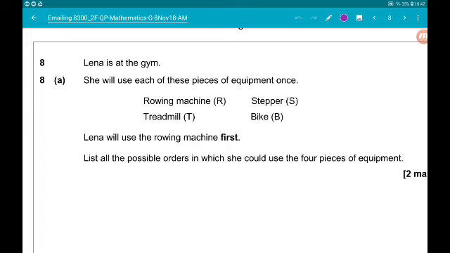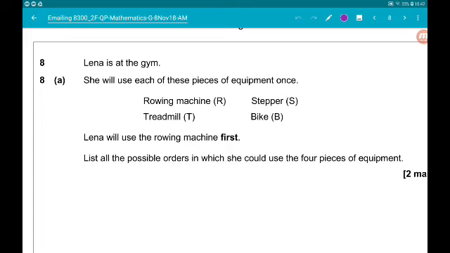So we got the rowing machine R, treadmill T, stepper S, and bike B. Lena will use the rowing machine first. We want to list all of the possible orders in which she could use the 4 pieces of equipment.